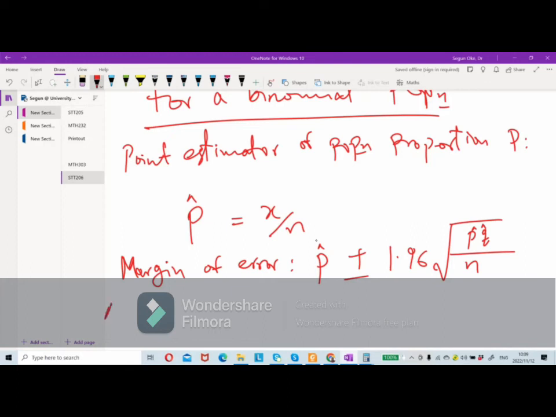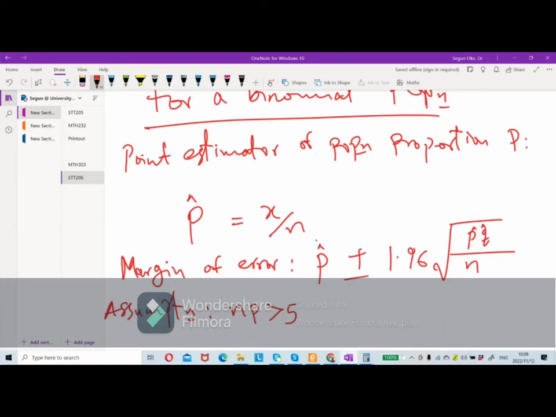In this case, for the assumption, we have NP greater than 5. Remember the first one, we said when N is greater than 30 or less than 30, what do we have?